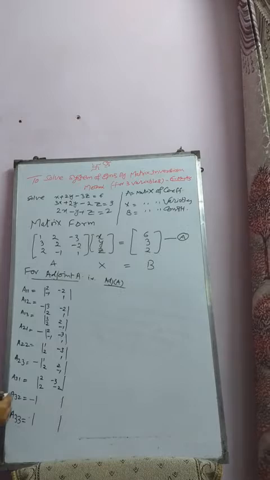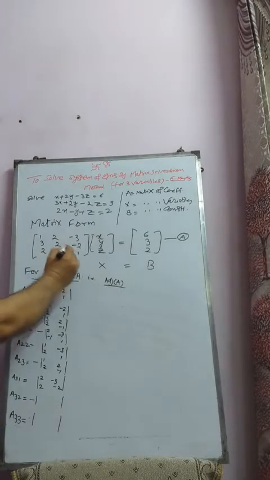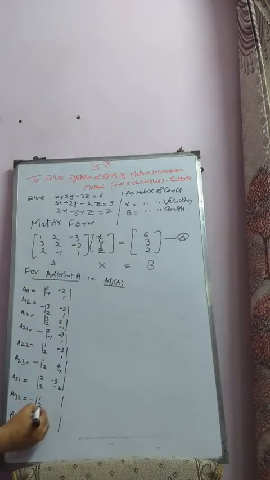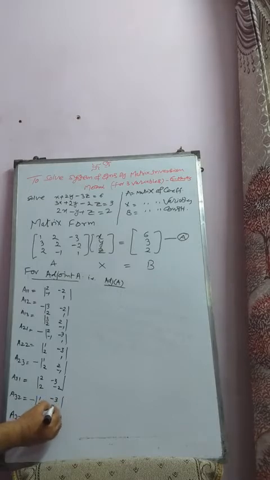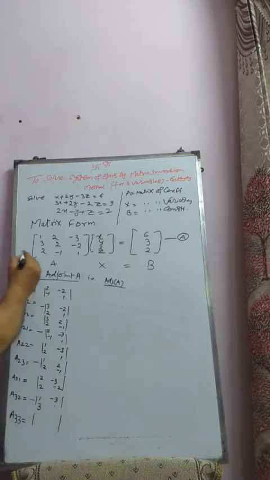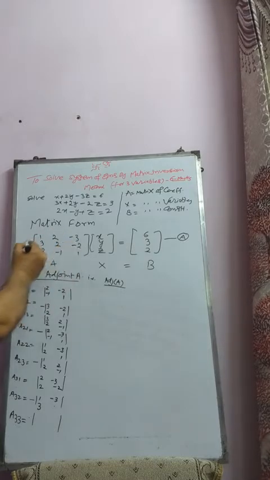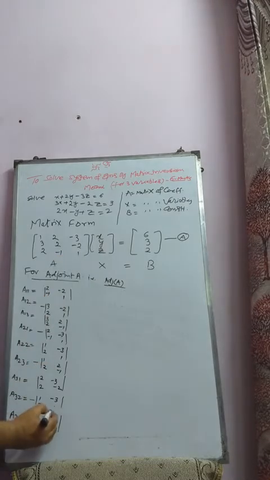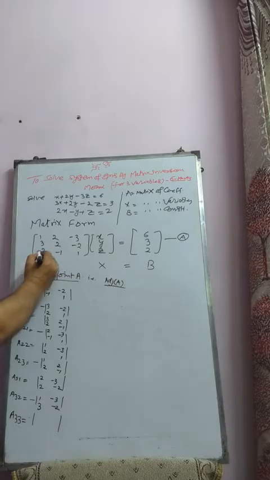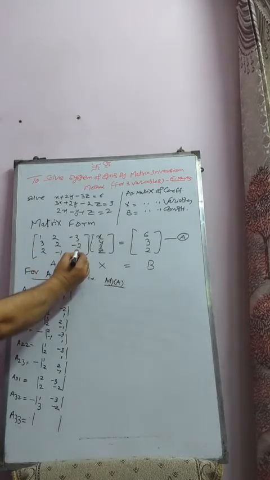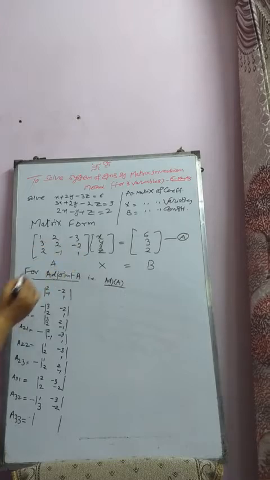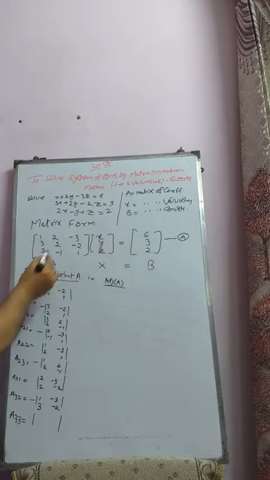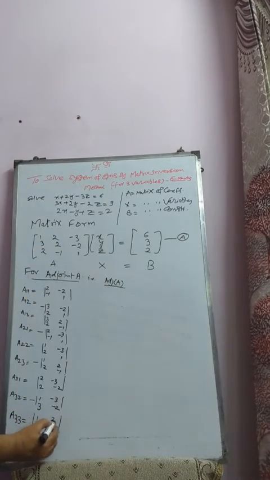Then A32, third row second column: 1 3 minus 3 minus 2. Look here, this A32, third row second column, 1 3 minus 3 minus 2. Again A33, third row third column: 1 3 2 2.